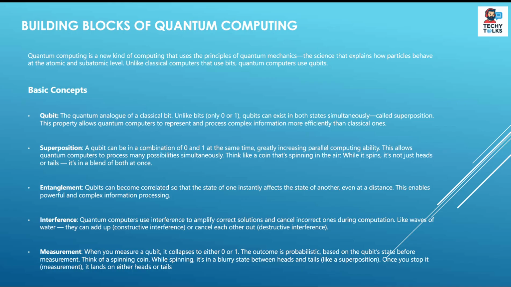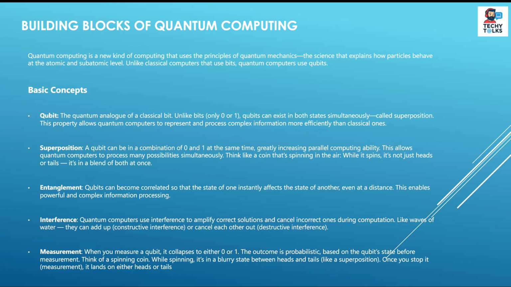Then we have a term called measurement. When you measure a qubit, it collapses to either 0 or 1. When you do a measurement, the qubit leaves its superposition, and whatever is there at that time comes as the output. That outcome is probabilistic, based on the qubit state before the measurement. Think of it like a spinning coin. When the coin is spinning in the air, it's in a blurry state.